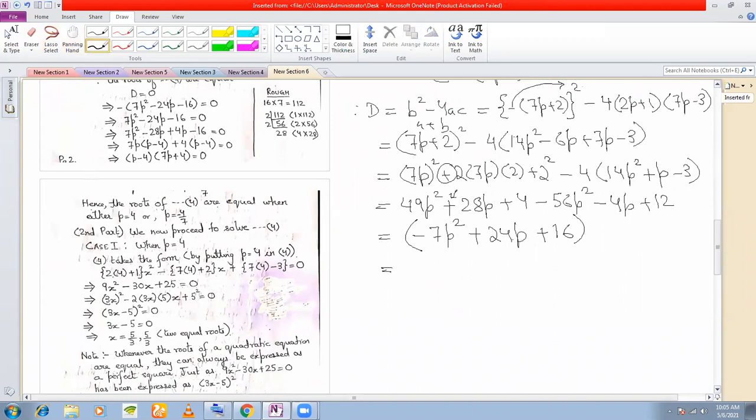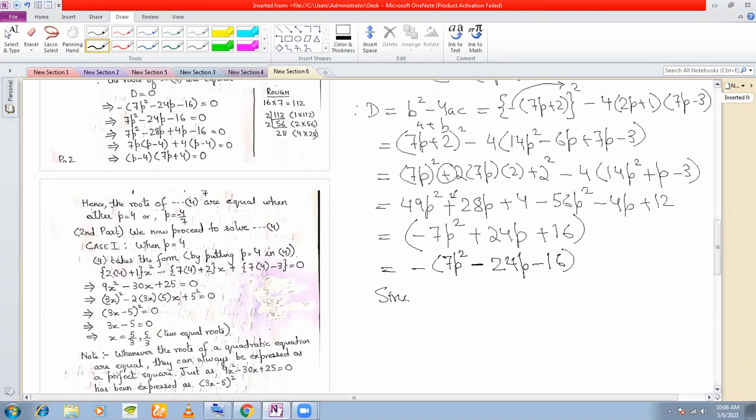So this is what you get. Now, in order to keep 7p square positive, you can take the minus sign common out of the bracket. So minus 7p square, since you're taking minus sign out of the bracket, the signs inside the brackets will change. This is what the value of the discriminant is.